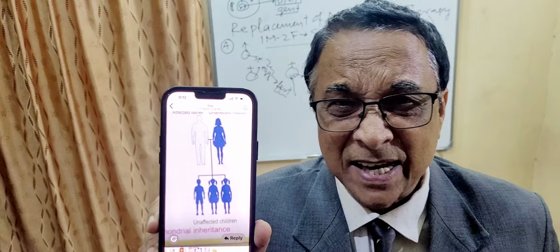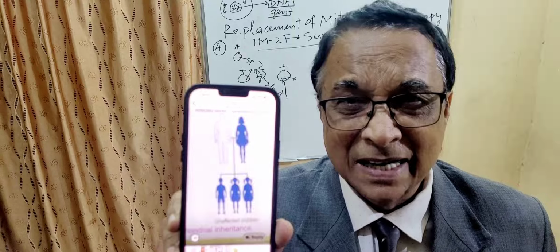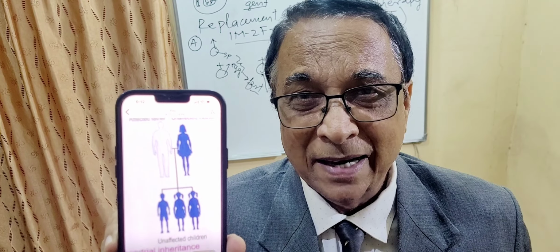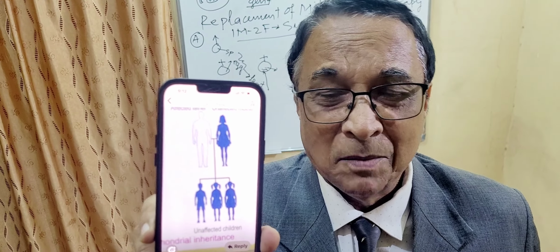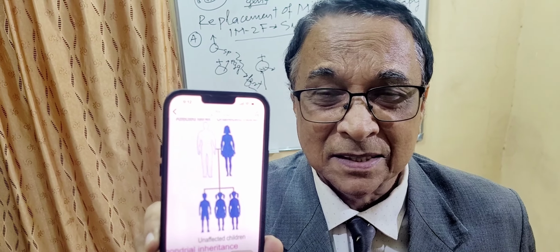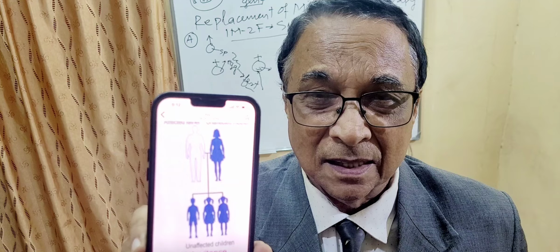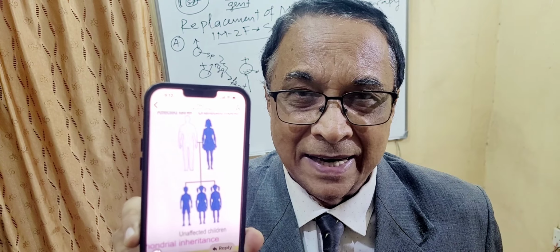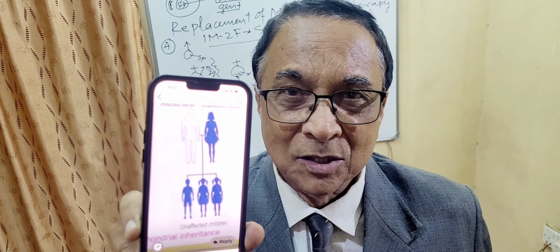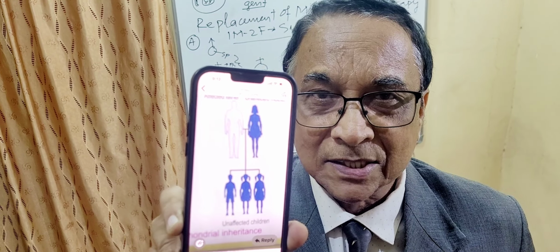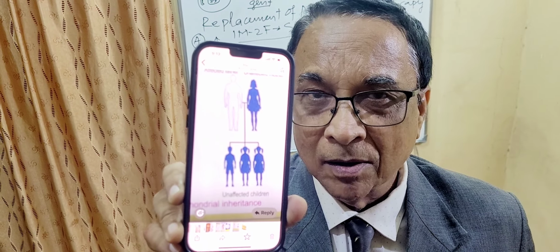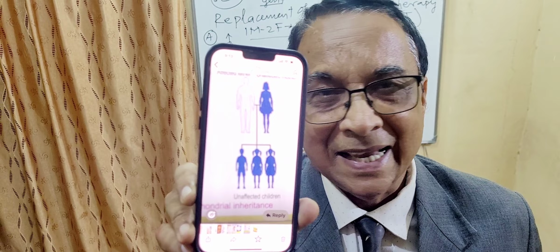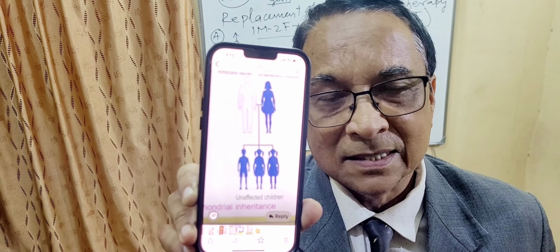You can say in this case, the male is affected by bad mitochondria in his cell, meaning that mitochondria is not normal, it has mutation, and the lady is normal. So in that case, all the children which are born will be normal, and no child will be with any abnormality, genetically.